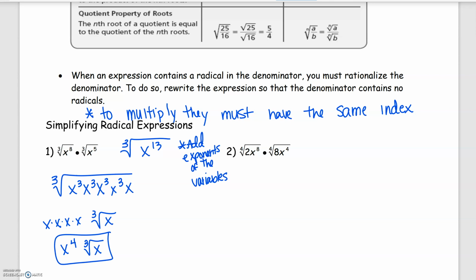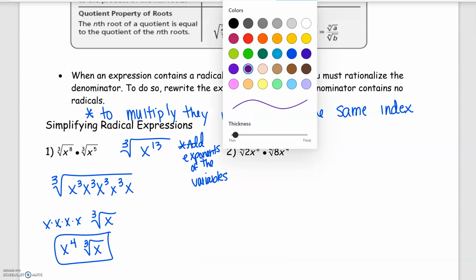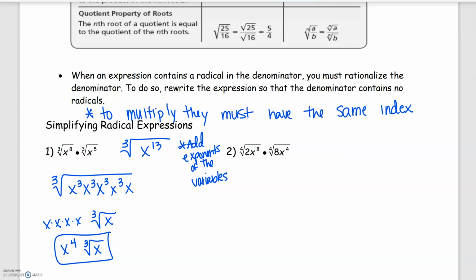So on the next one, they are both to the 4th root or index of 4, so we can go ahead and multiply the 2 times the 8 to get 16, and then add x to the 8th, x to the 4th to get x to the 12th.